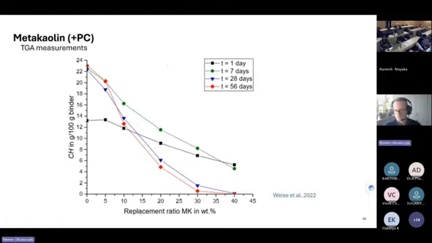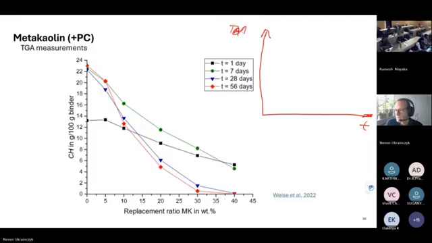So maybe you are confused by this plot. Let me draw it for you, the TG results, with time. I think you are more familiar with a time plot. So if this is the TGA, it's the percentage of portlandite. And if we have the reference cement, the portlandite amount increases.